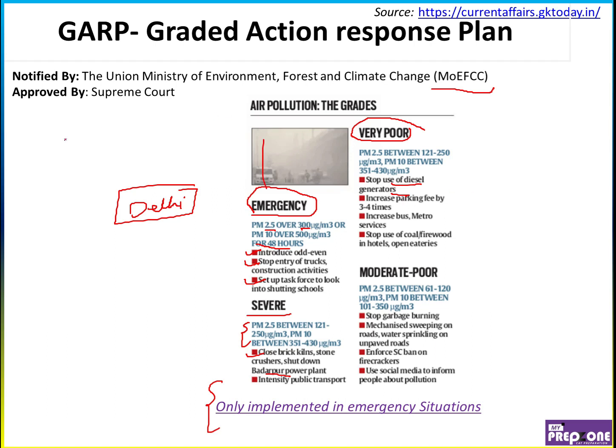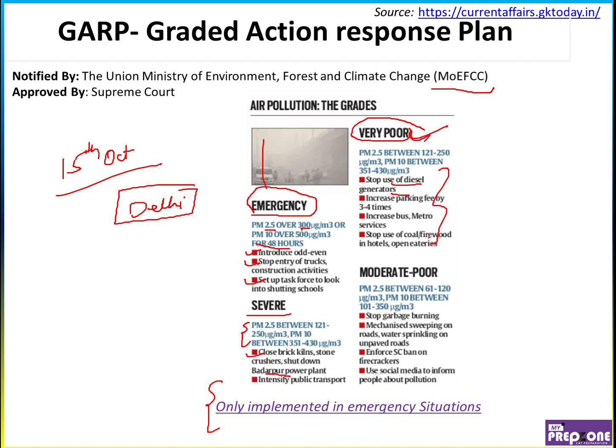Now, GARP is something which is very important. Currently, GARP is being implemented from 15th of October, which means the government is currently feeling the need to implement it so that the situation doesn't exacerbate. Currently, Delhi's air quality is very poor, so all these things that are given here will be implemented.